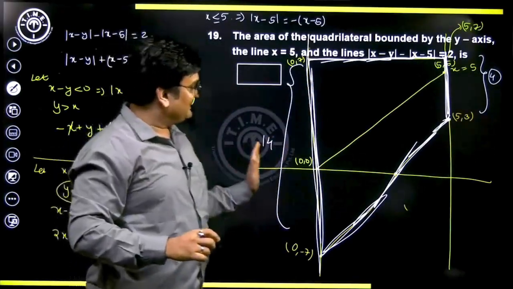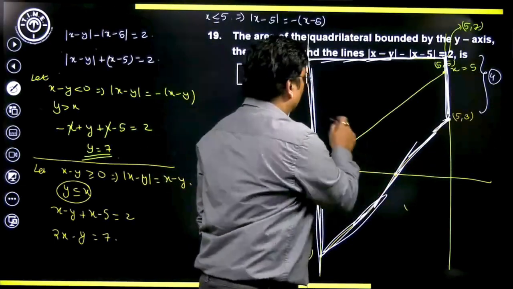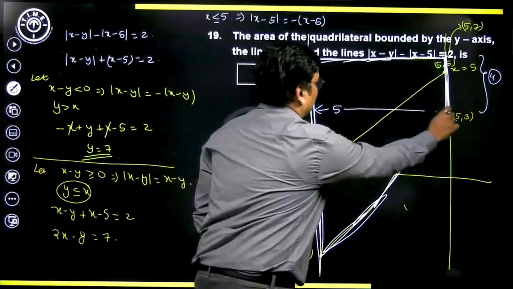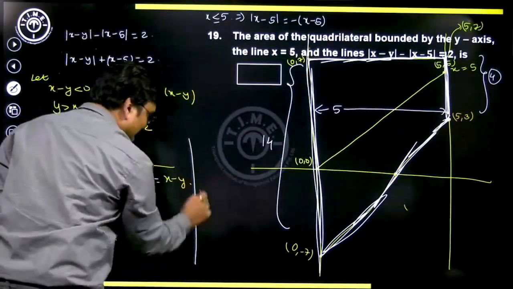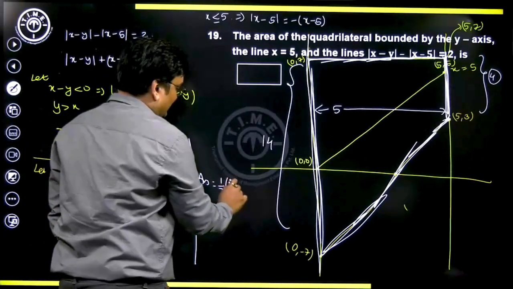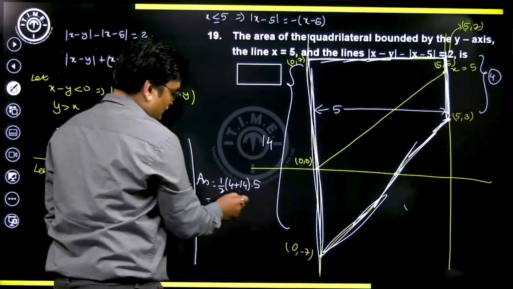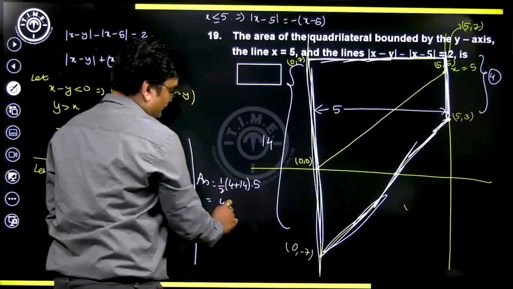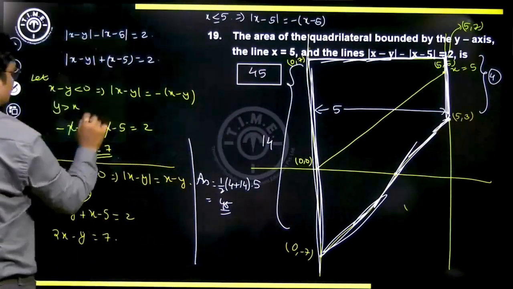And the height of this trapezium, from 0, 0 to 5, 0, is 5 units. So once you know all these values, you can find the area. Area of trapezium will be half sum of the parallel sides into distance between them, which when you solve, 9 into 5, 45 square units. That should be the correct answer for this.